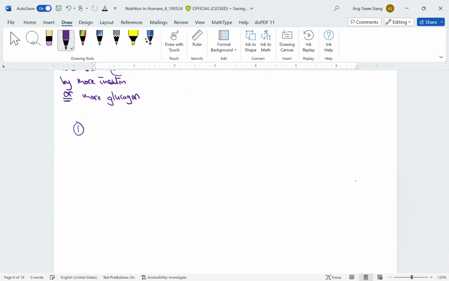First scenario: when blood glucose level increases above the normal level, what will happen?